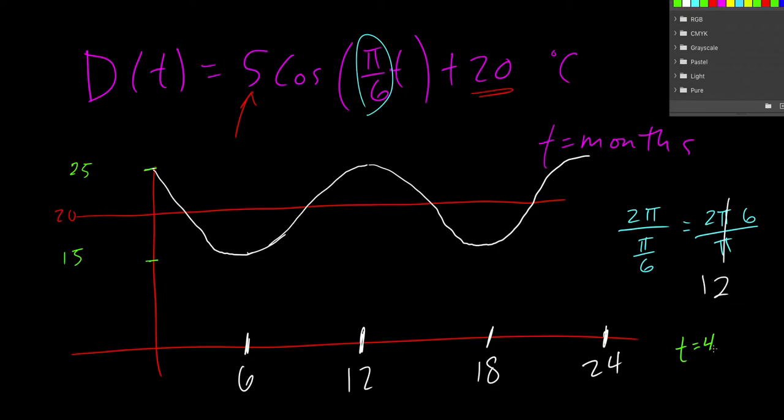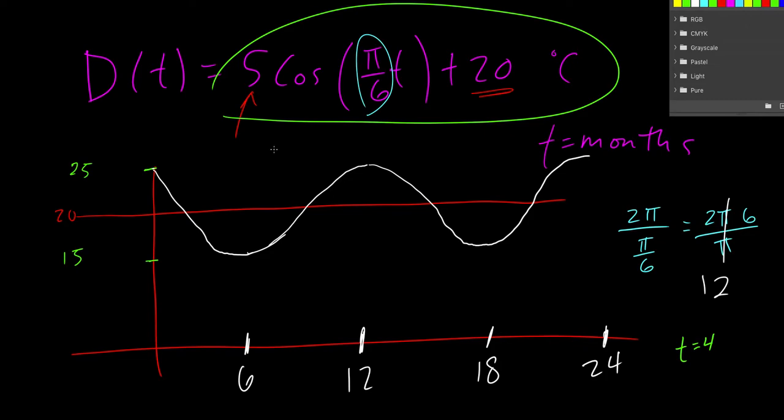I know that's a little weird because May is the 5th month, but the way it's worded in the problem, 1 is 1 month after January. So we kind of start in February. We go February, March, April, May. So we get T equals 4 for that one. All we have to do is plug in T equals 4 right here.